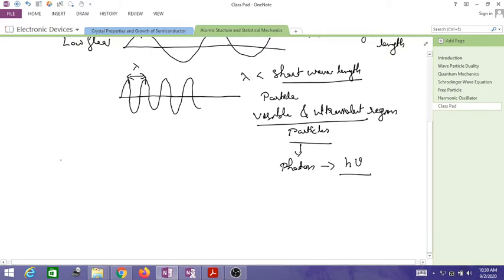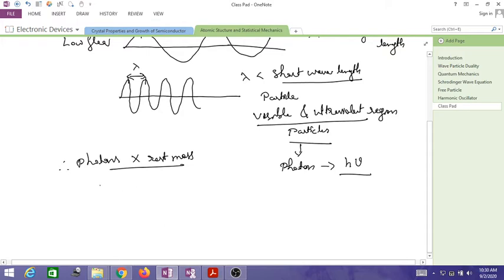Therefore we can say that photons don't have rest mass.